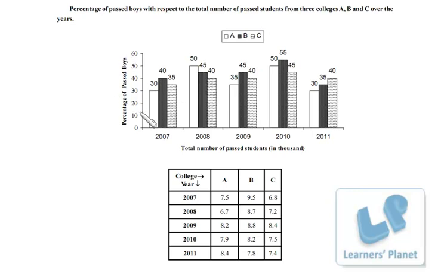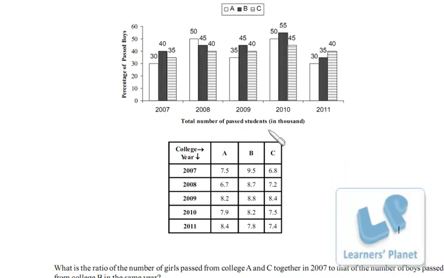Here total number of passed students in thousands, right? 2007, 8 up to 11. So suppose in college A in 2007, 7.5 thousand, that means 7,500 students passed. Out of that 30% are boys, right? So that is the idea.